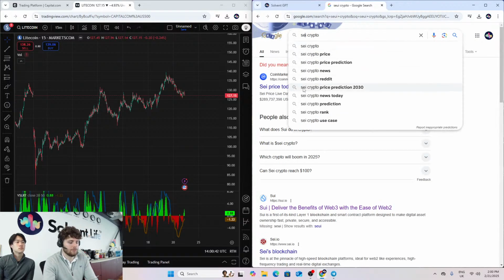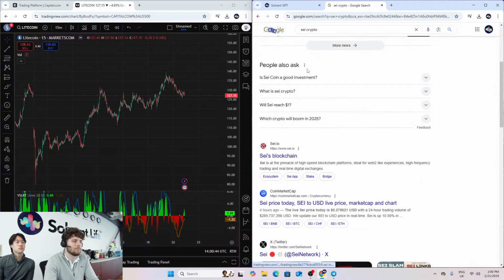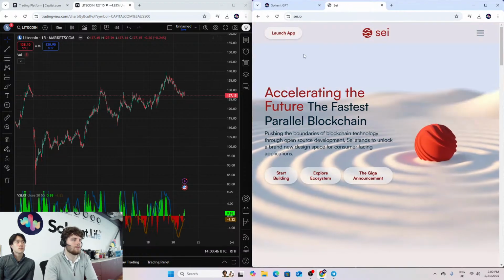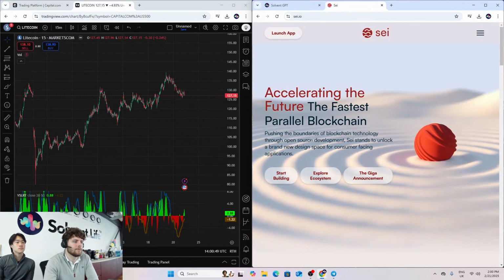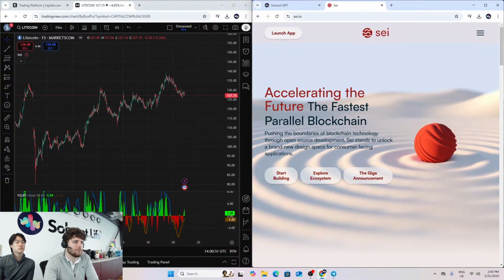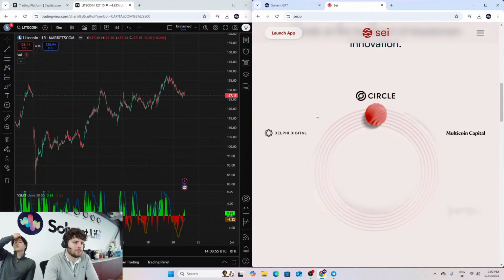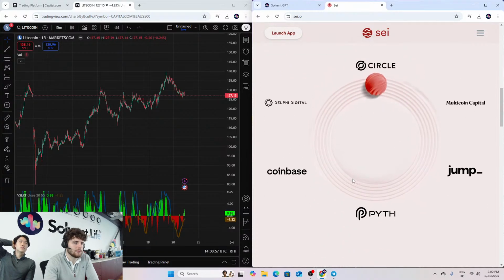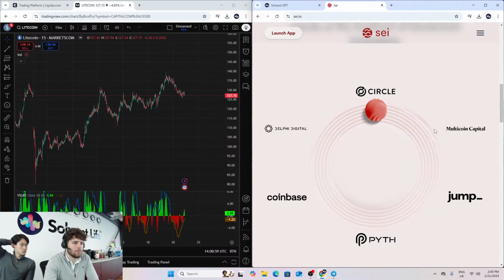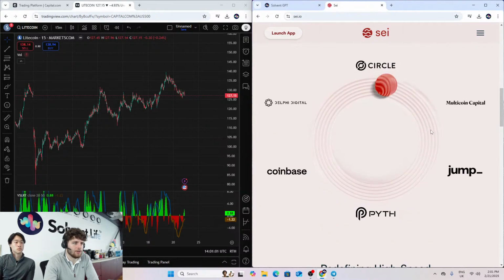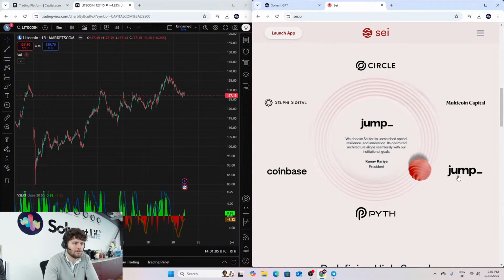Spell it right first. Accelerating the future, the fastest parallel blockchain. So, quite a lot of partnerships by the look of it. Does this move? Oh, it does.